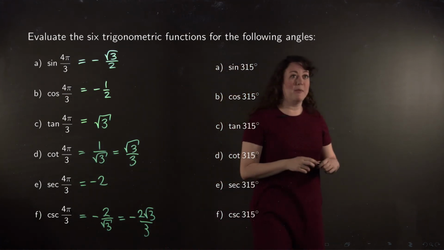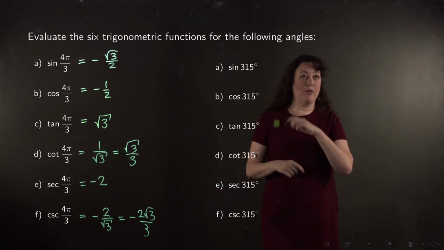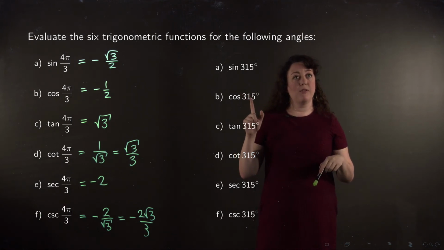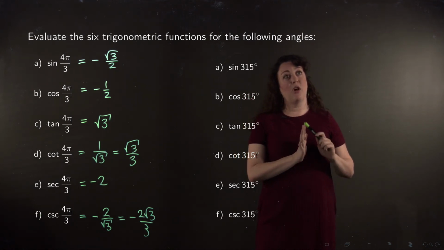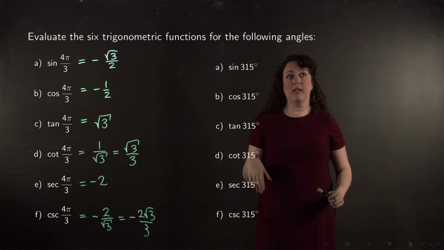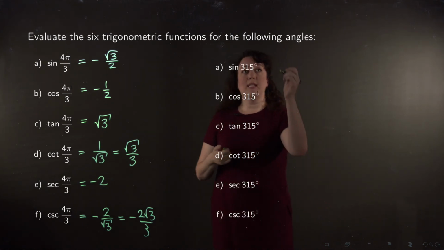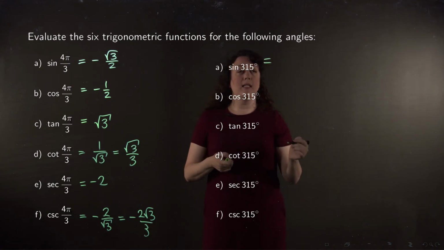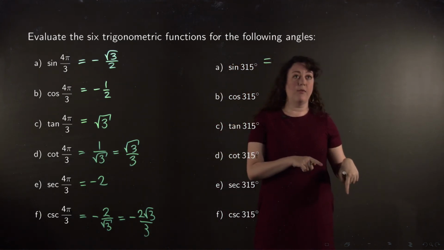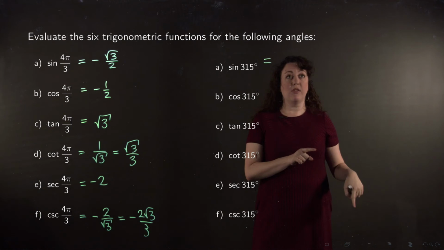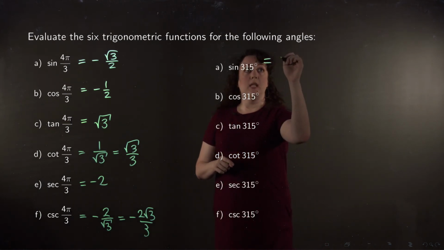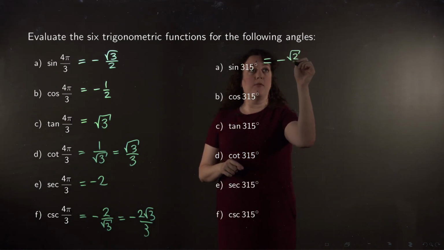All right, so the halfway in between angle is the one that has all the square root of 2 over 2's. For 315 degrees, the fourth quadrant has cosine positive, which means everything else, except for secant, will be negative. All right, so for sine, the pi over 4 angle, or the 45 degree angle, is square root of 2 over 2, and it's going to be negative because we're in the fourth quadrant.